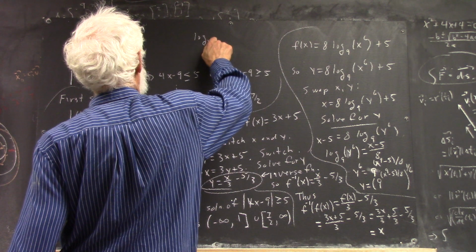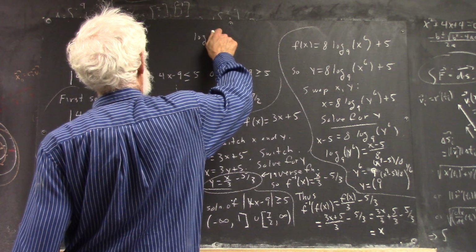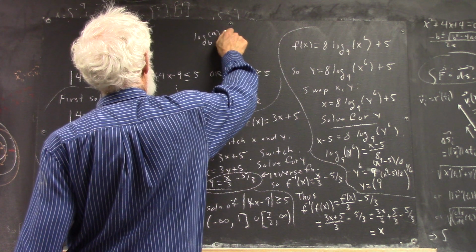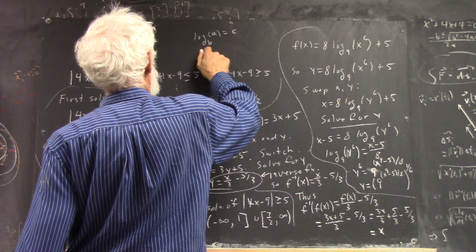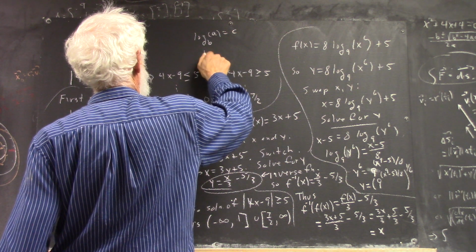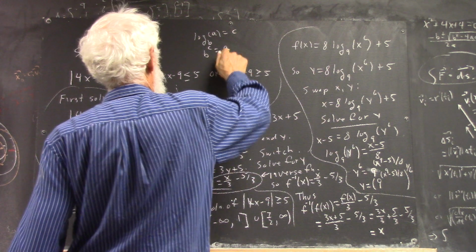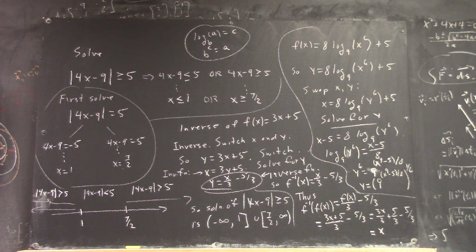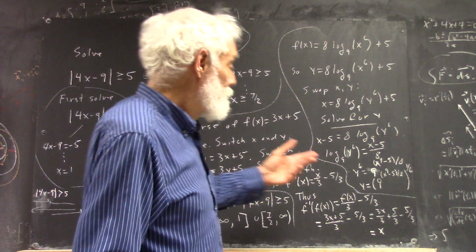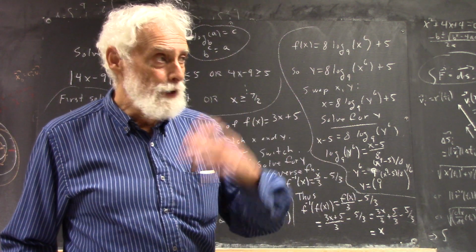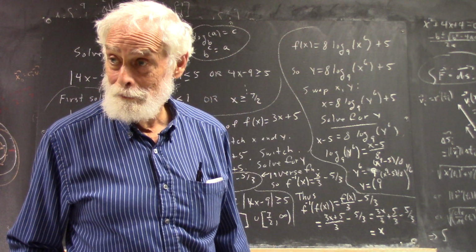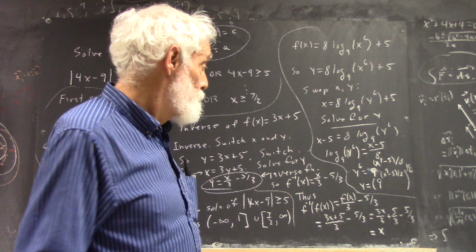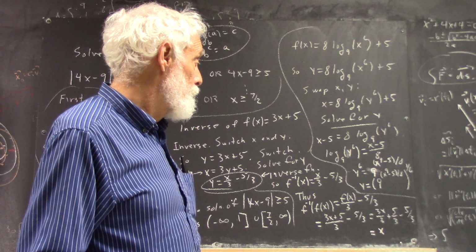I don't remember what letters I used, but that equivalence. It's the inverse function equivalence for log and exponential. So it comes from the fact that the log base 9 is inverse to the 9 to the x function.